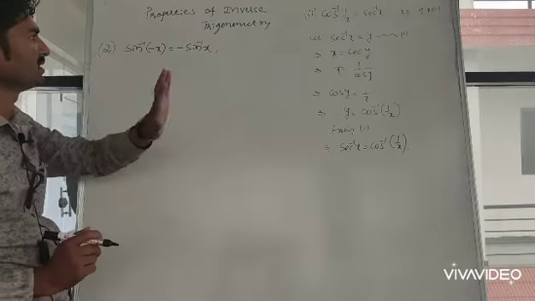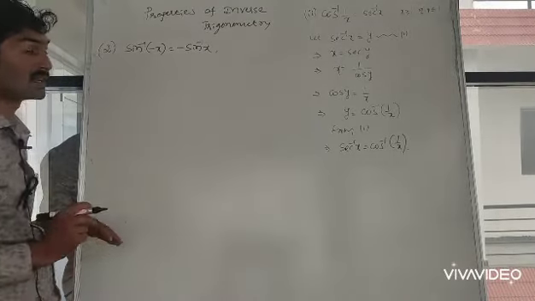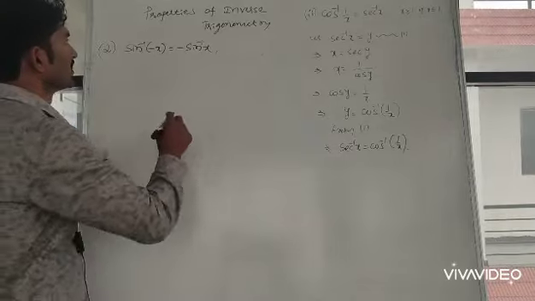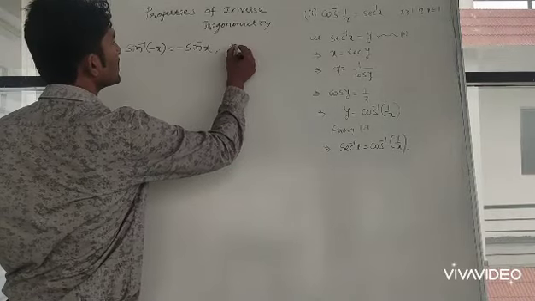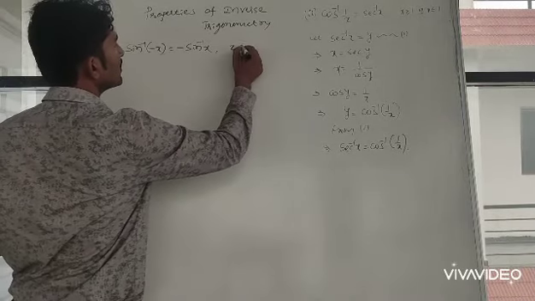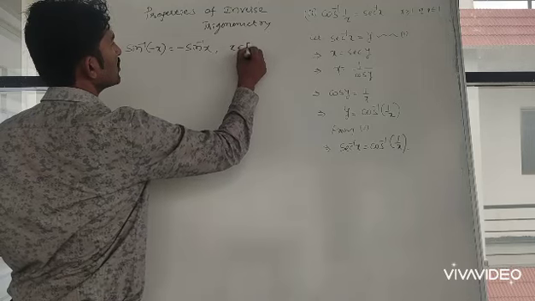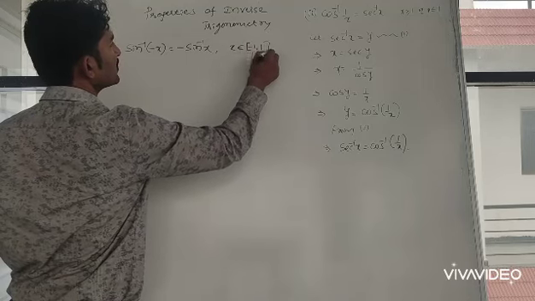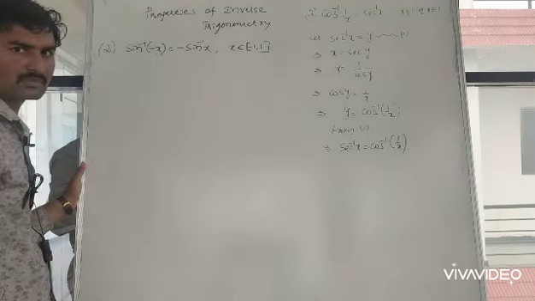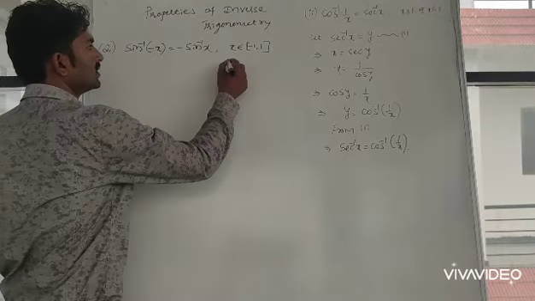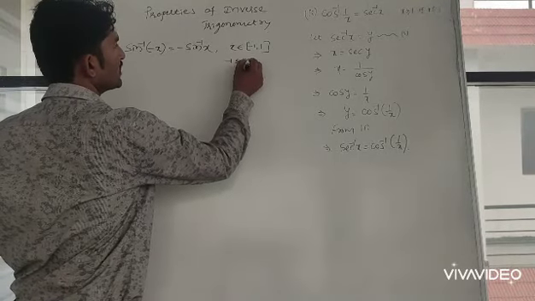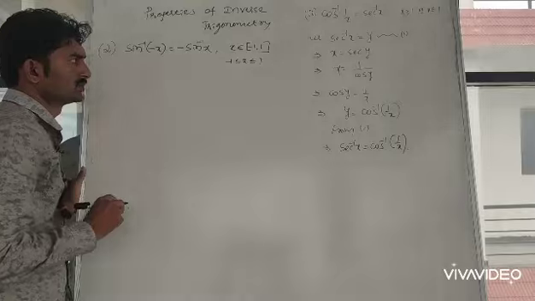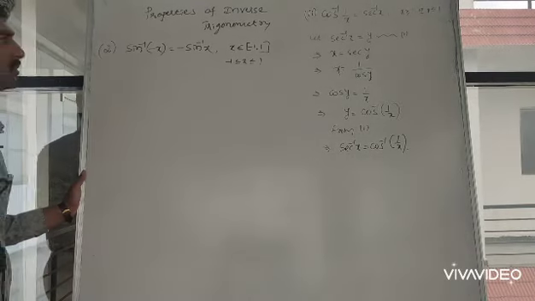What is the domain of sine inverse of x function? That is x belongs to the closed interval minus 1 to plus 1. Or else you can write it as minus 1 less than or equal to x less than or equal to plus 1. That is also correct.